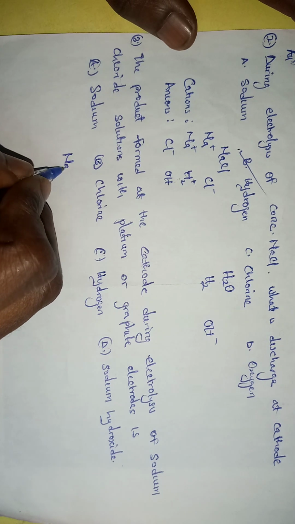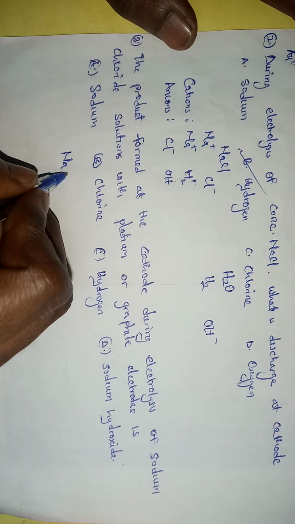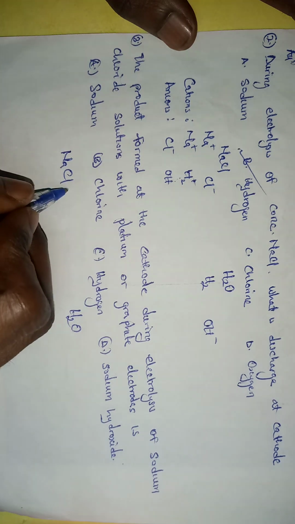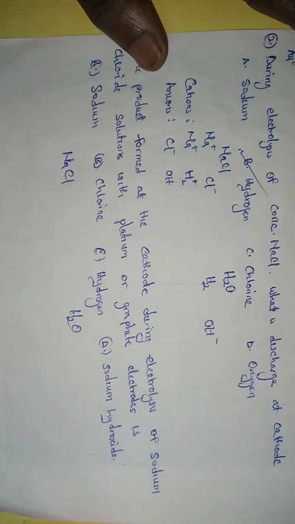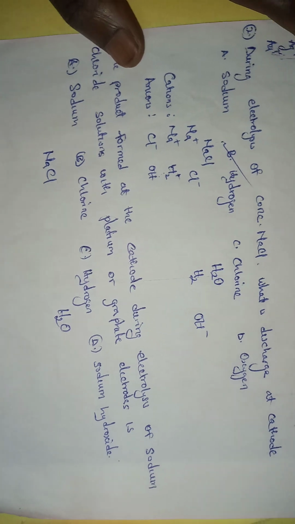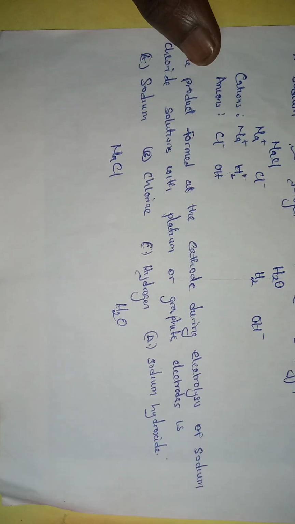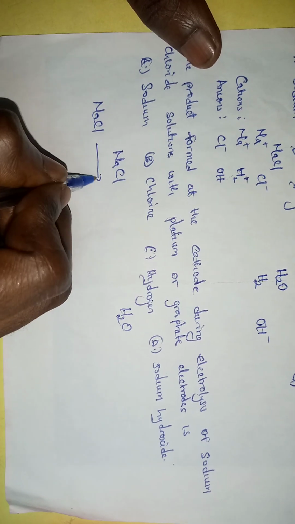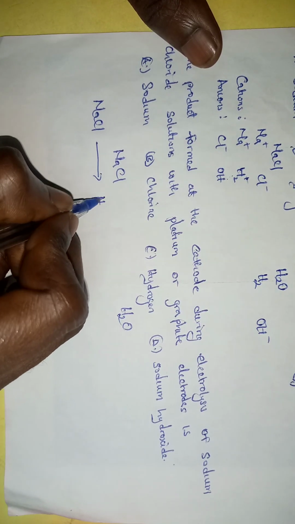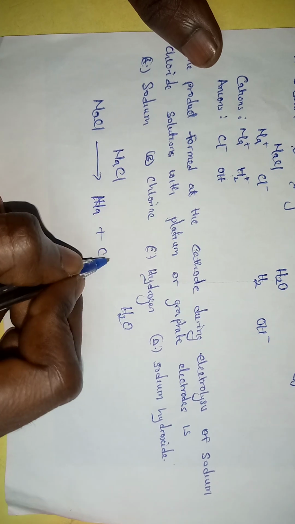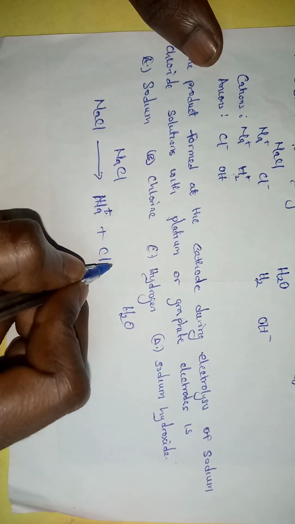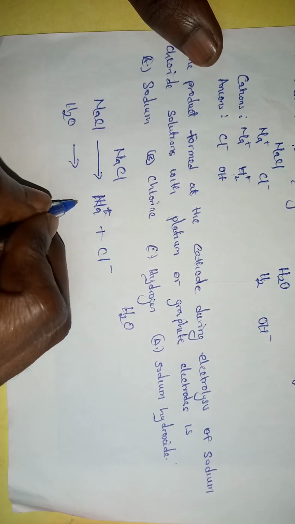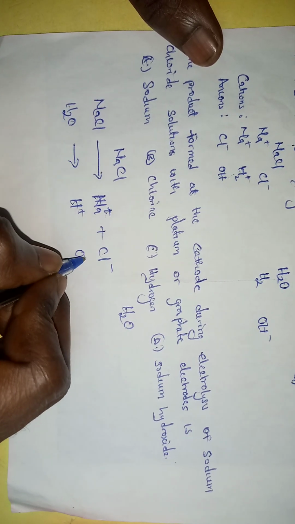We are going to have sodium chloride and H2O. Let me write this in the form of an equation so that you are able to understand it better. Sodium chloride will dissociate into Na+ and Cl-, and the water H2O will dissociate into hydrogen plus and the OH minus.